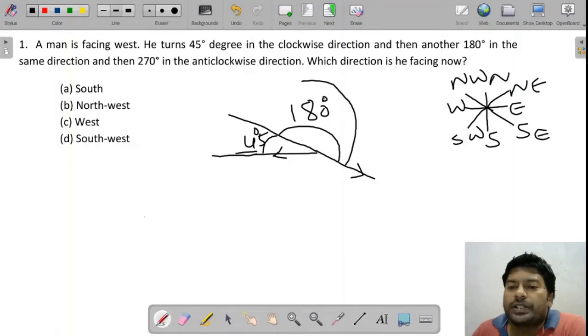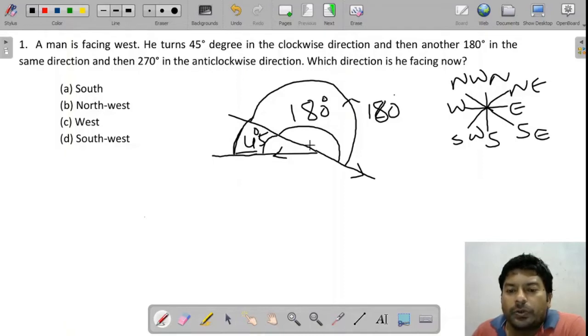From here to here he has taken 180 degree. He has to take 90 more degrees, because 180 plus 90 is 270. So from here to here 180, and he has to move 45 more. So it will be like this. This is 45.